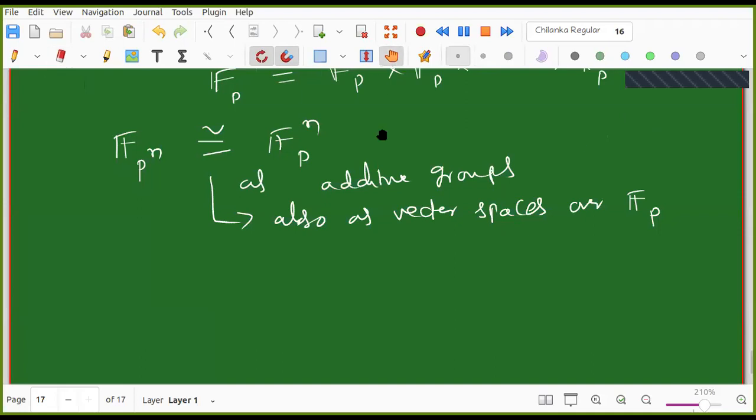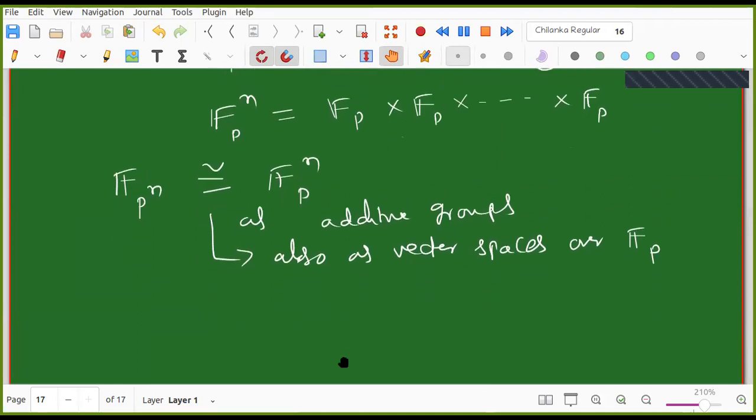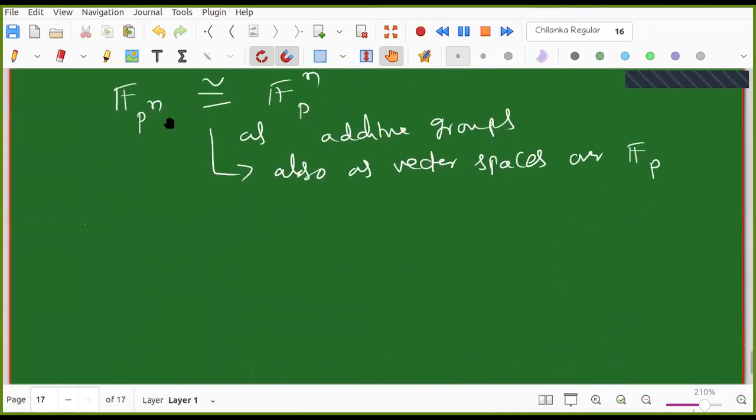So till now things are fine. You are clear with what these are, right? But in our course, my F_{p^n} itself is F_q, and this is my alphabet in coding theory.